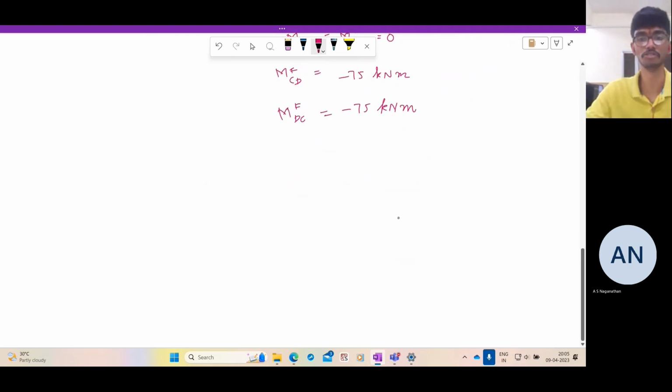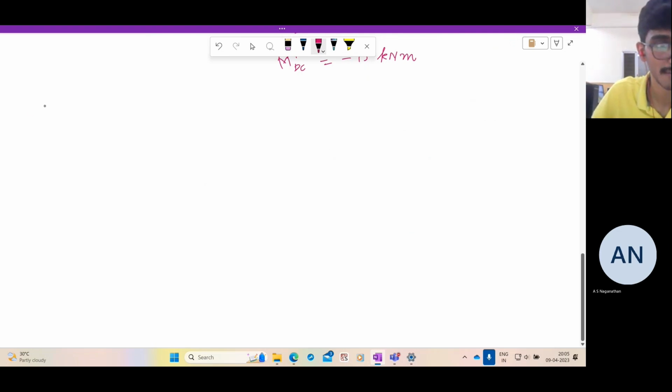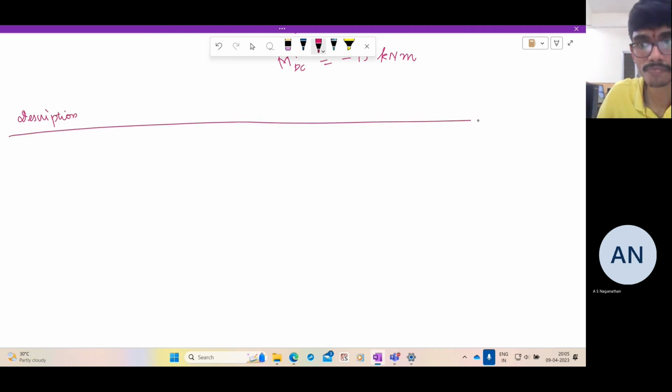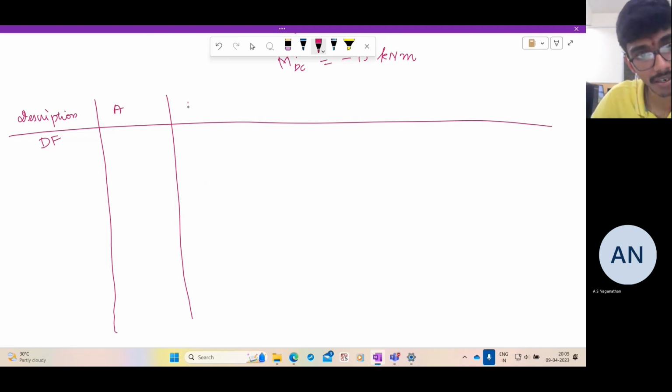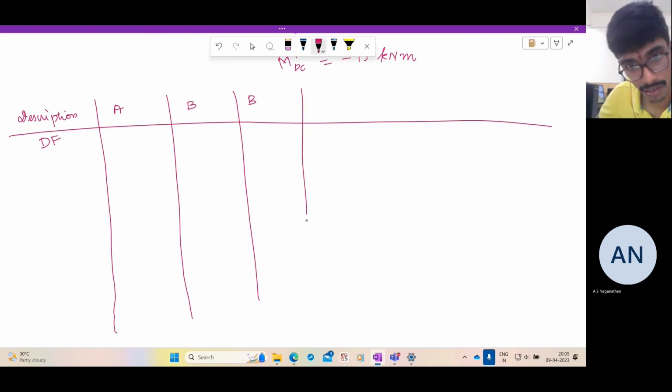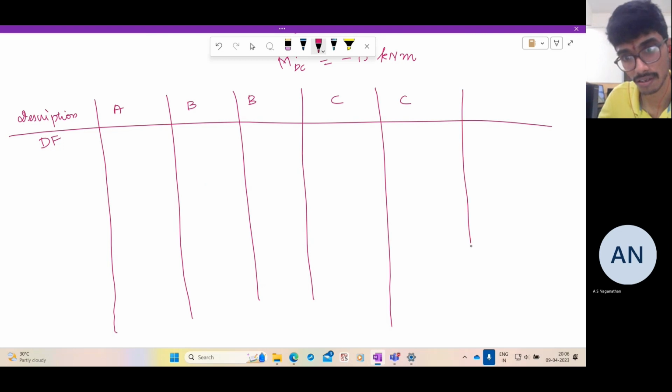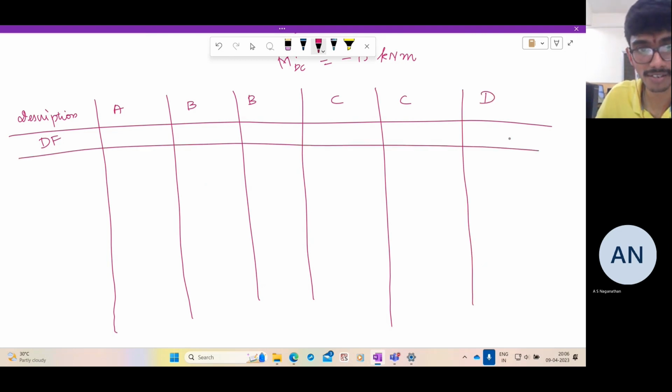Now let us do the moment distribution. So we have the joint, distribution factor. We have joint A, joint B, B, C, C, D. So the distribution factors are the same.